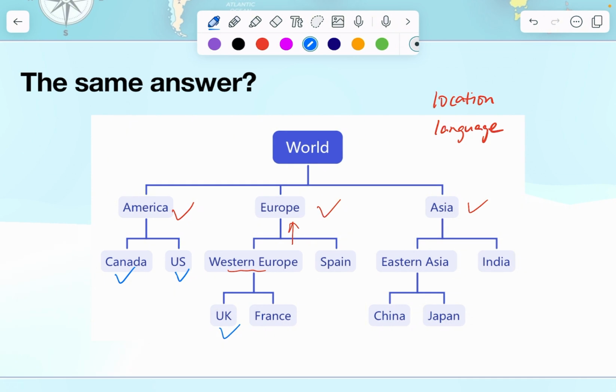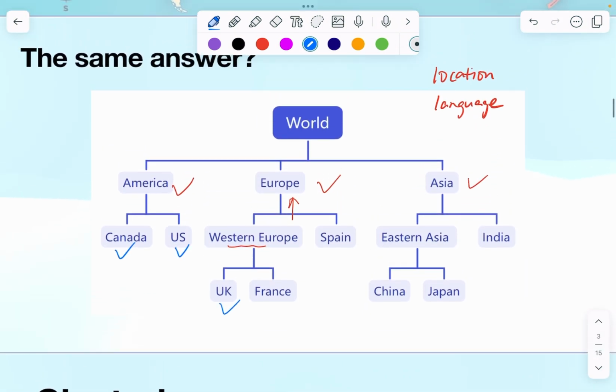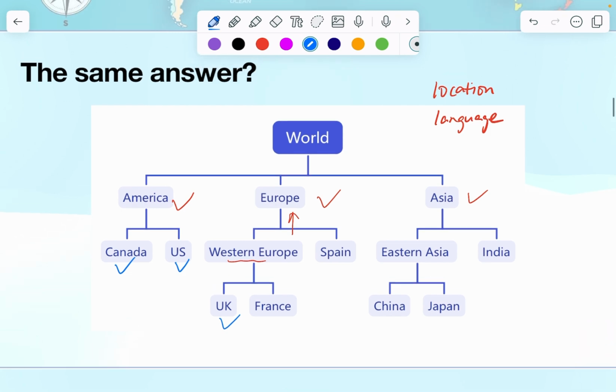So it means that grouping has different ways. Everyone has their explanation, has their principle to do the grouping. And this hierarchical structure is very similar with our today's topic, hierarchical clustering.